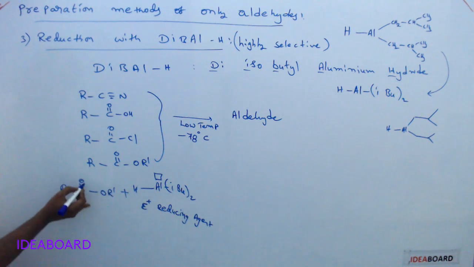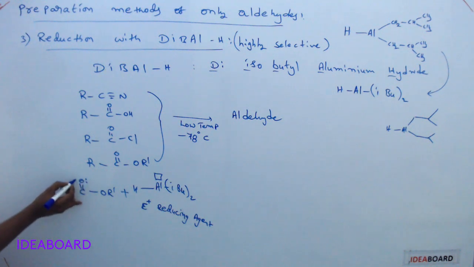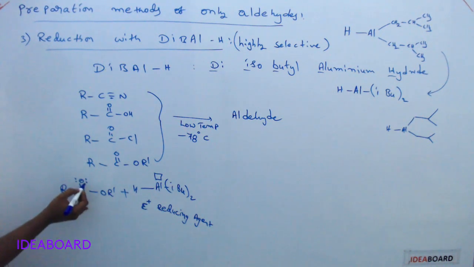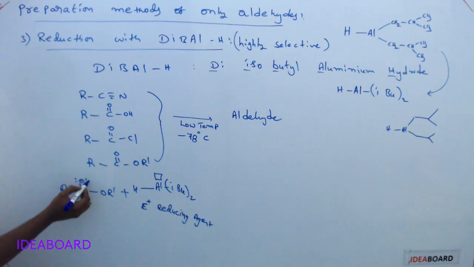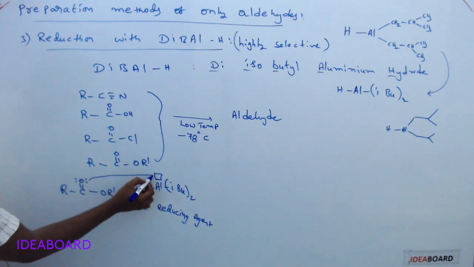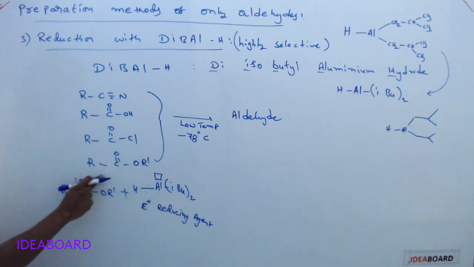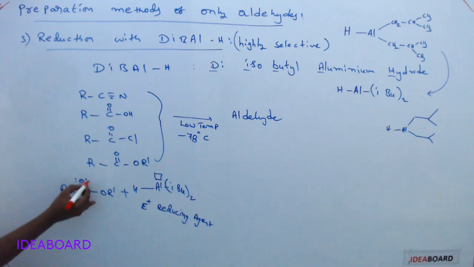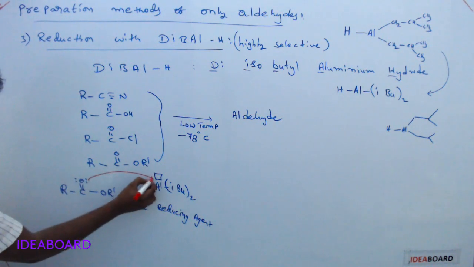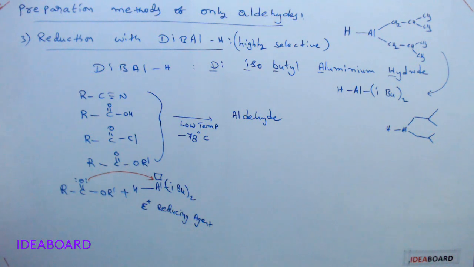First, the ester reacts. The carbonyl group contains a lone pair, and the lone pair of oxygen directly attacks the aluminum, because it has electron deficiency.